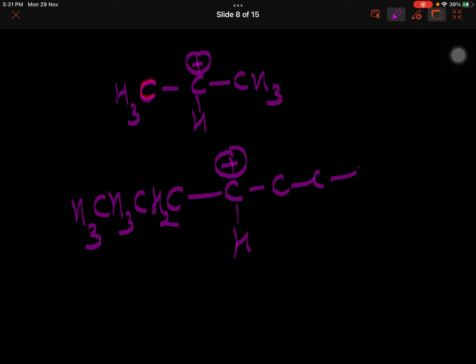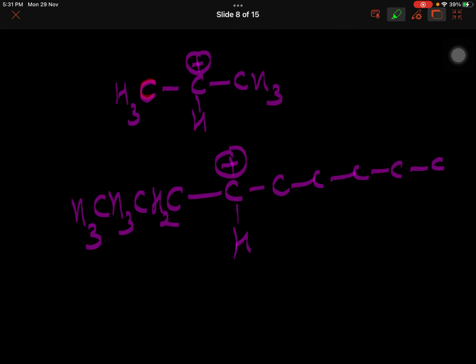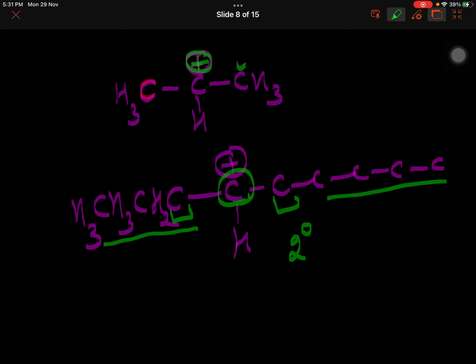Again you have a long chain. But if you see it carefully, then you have only these two carbons directly attached to the carbon having a positive charge. So it is secondary. The size of the carbon chain does not matter. Just look at the carbon which is having the positive charge, to how many carbons is it attached directly. So these are the examples of secondary.